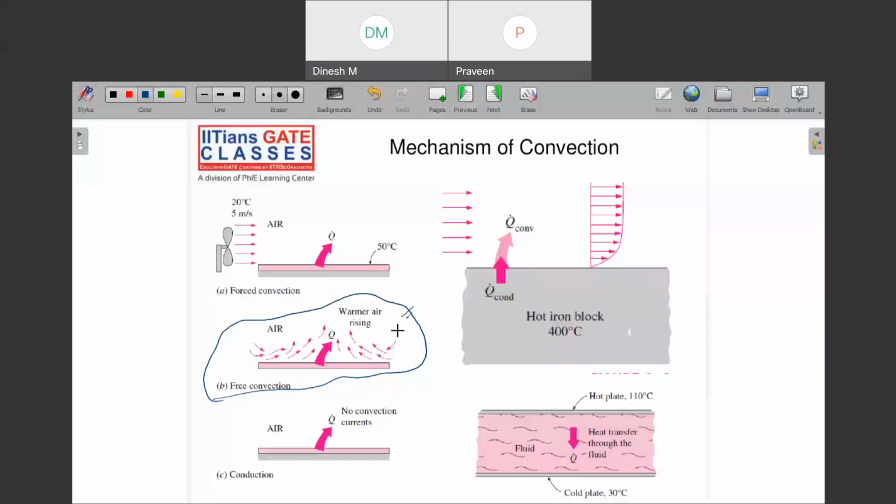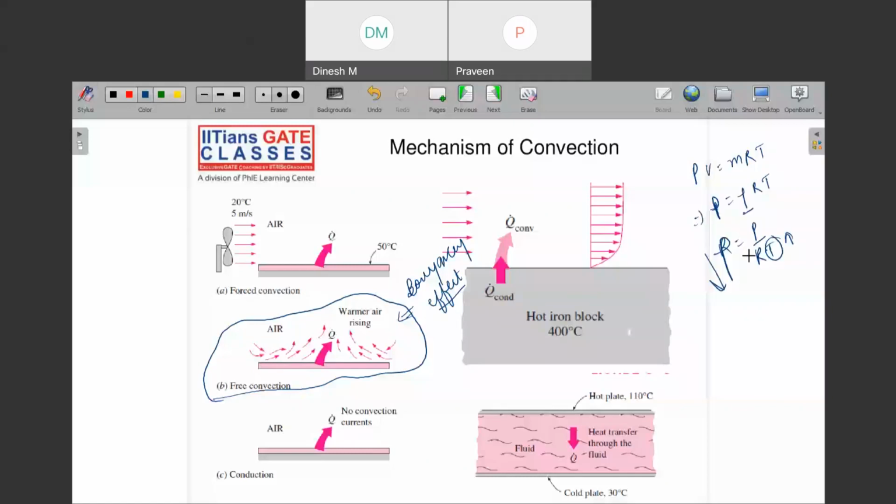Whenever air is hot, we know that PV is equal to mRT, and from this, m upon V is nothing but rho, so rho is equal to P upon RT. Can you see that whenever your temperature increases, the density decreases? That means it becomes lighter. Whenever the air is lighter, it will rise up.